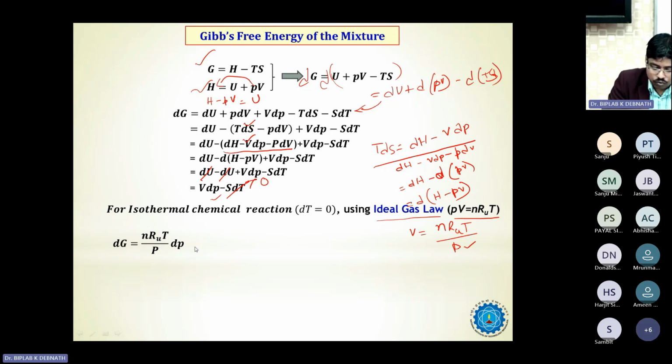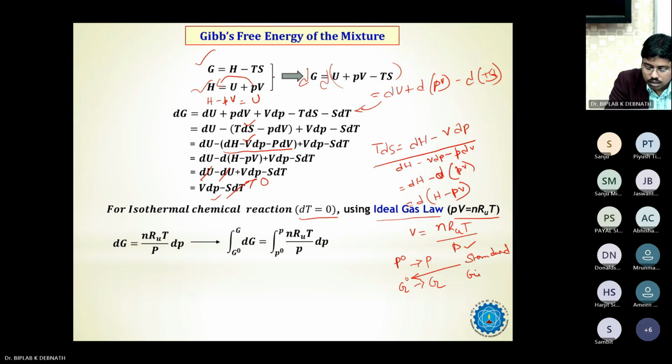Now we integrate this equation from the standard Gibbs function to a particular Gibbs function G between the pressure change, because the temperature change is considered to be 0, which means isothermal condition. For the pressure change from P0 to P, the Gibbs function changes from G0 to G. G0 is called the standard Gibbs function.